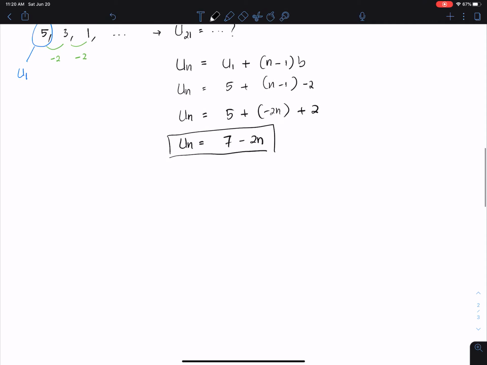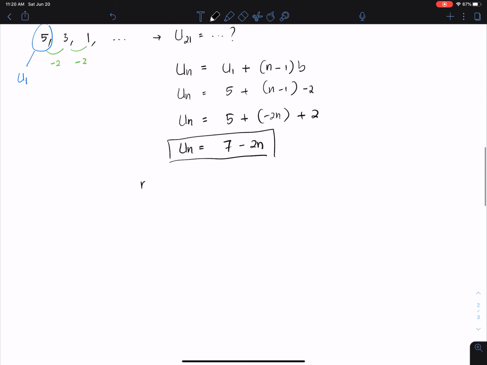If the question is u21, meaning n equal to 21, then u21 will be 7 minus 2 times 21. Then we get 7 minus 42, which will be equal to minus 35. So that will be the answer.